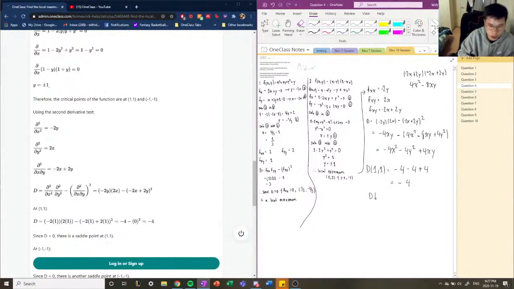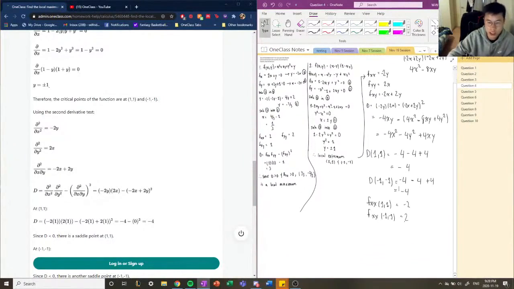And we're going to take our discriminant at (negative 1, negative 1), and that equals 4 minus 4 plus 4, which is negative 4. And finally, we're just going to take f of x at (1, 1), which is just negative 2, and f of x at negative 1, which is just 2.